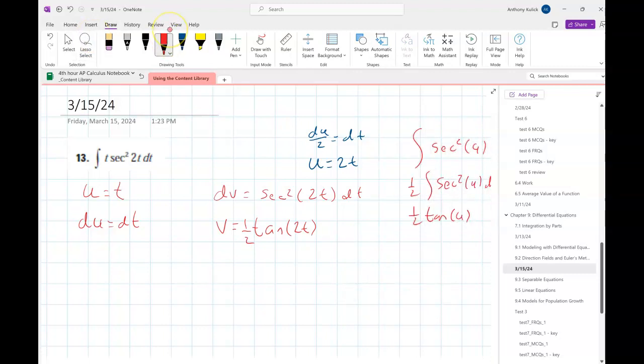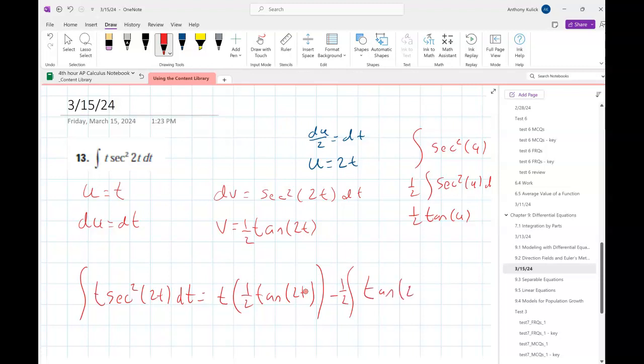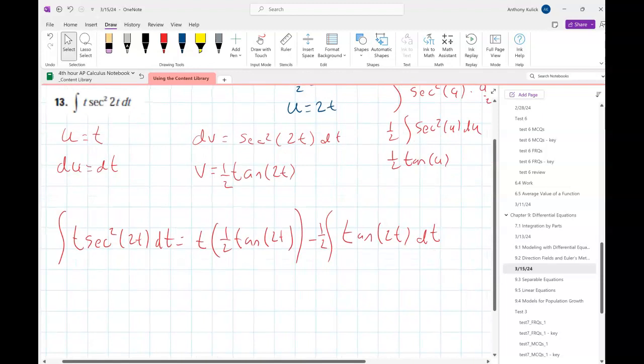All right, so we have then the integral of t secant squared 2t dt is equal to u times v minus the integral of v du. Now, do we have an antiderivative formula for tangent?